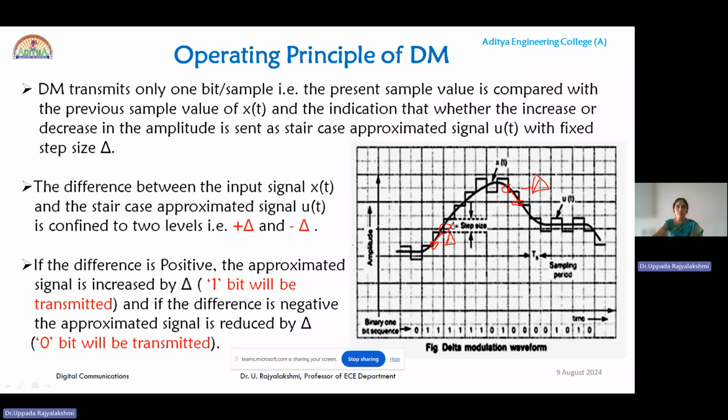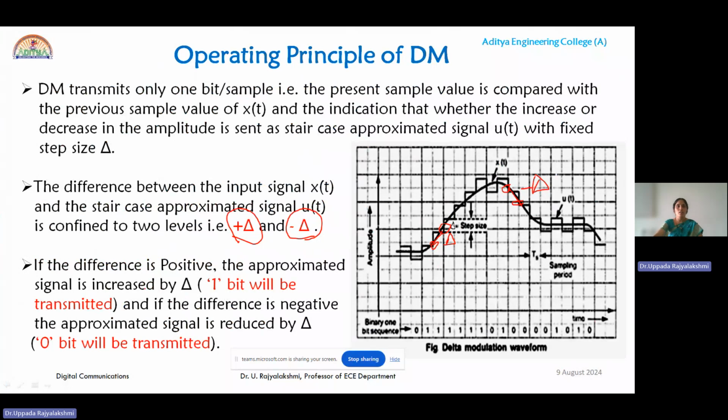So when the present sample x of t is greater than the past sample value x cap of t, then the amplitude of u of t will rise by delta. If x of t is less than x cap of t, then the amplitude falls by delta. If x of t is greater than x cap of t, you will have an increase in the step size by a factor of delta.